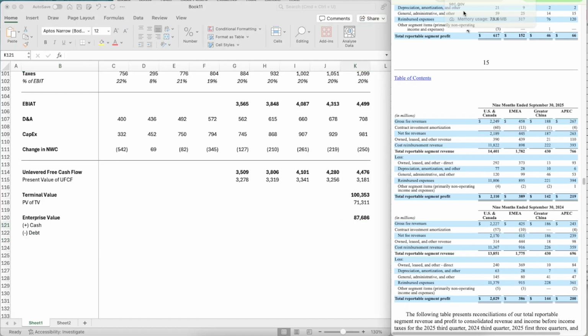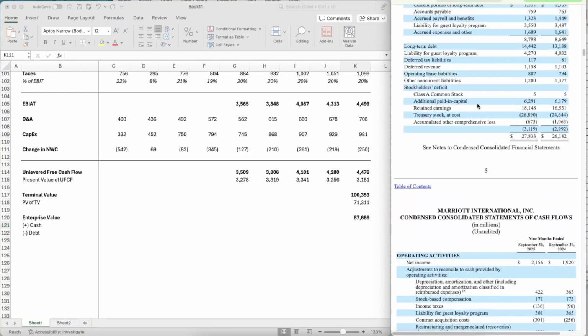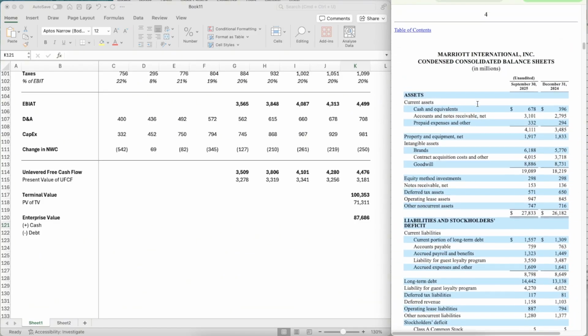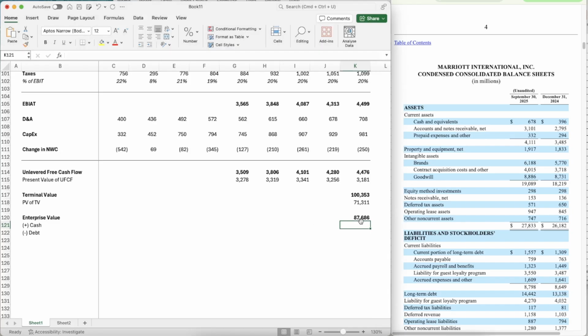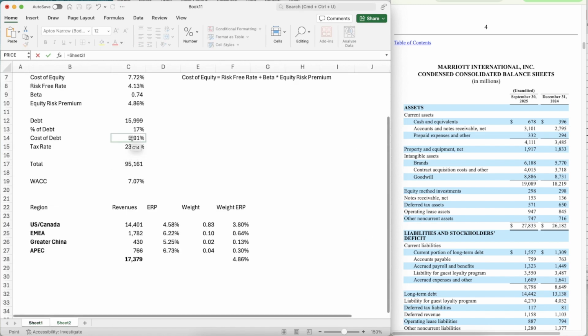So we know the debt because we did it for the WACC. We didn't add up the cash, so we take this figure 678. The debt we know because it's here.